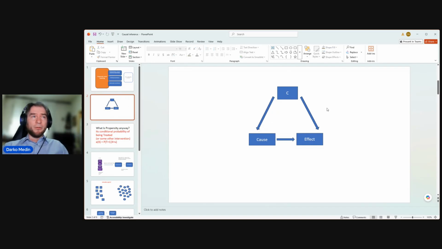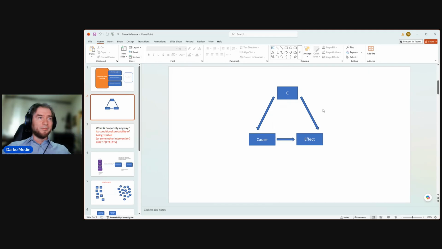If I leave the situation like this, the relation between cause and effect, which is this arrow here, could be distorted by the fact that the confounder C is injecting some information through the cause, through the back door, into this relation cause and effect. So we have a distortion of the cause and effect relation. Why? Because there's a back door for the cause in this case.